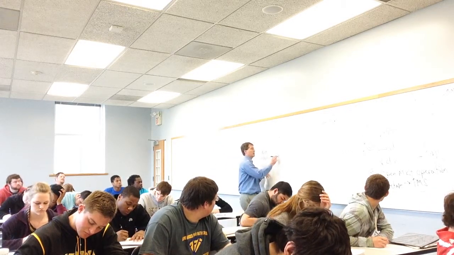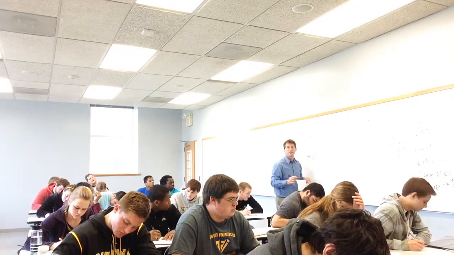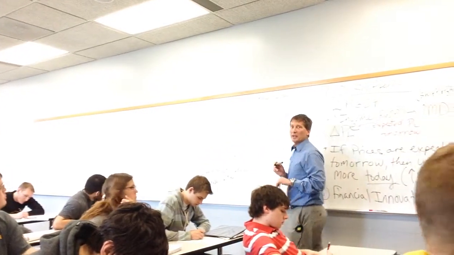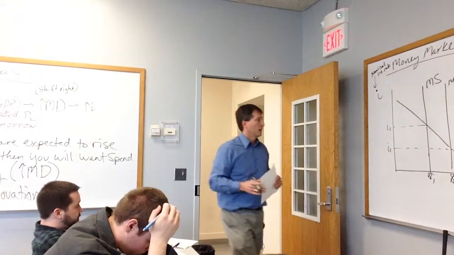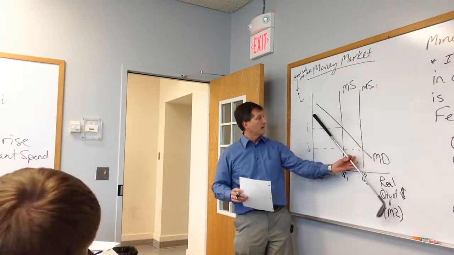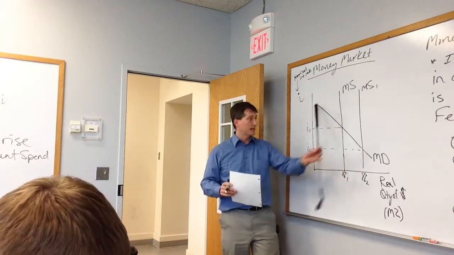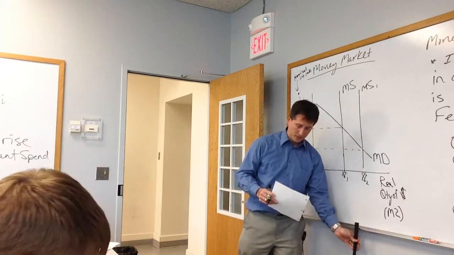That's going to lead to a decrease in money demand. And so as the banking industry changes and evolves, that would cause a decrease in money demand and put downward pressure on interest rates. So again, we're coming back to what's happening to interest rates as we think about these shifts.